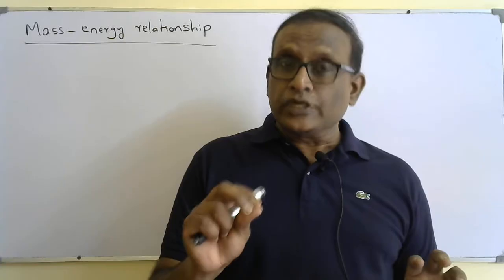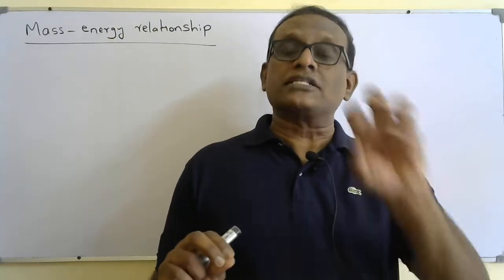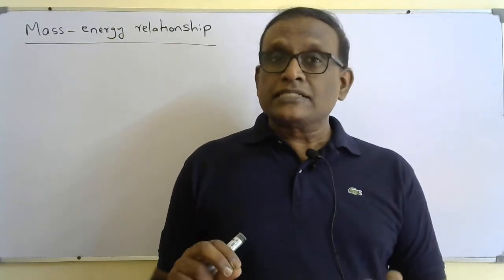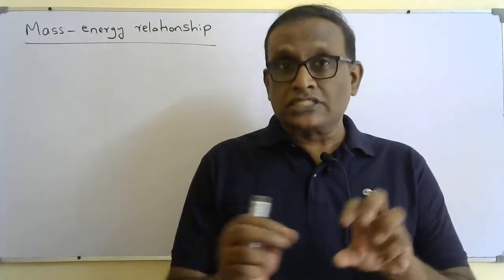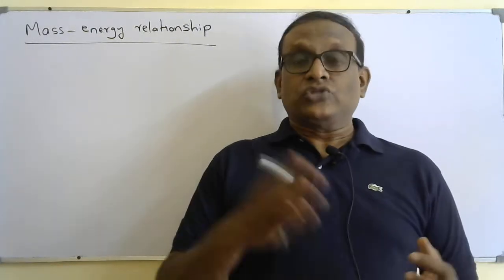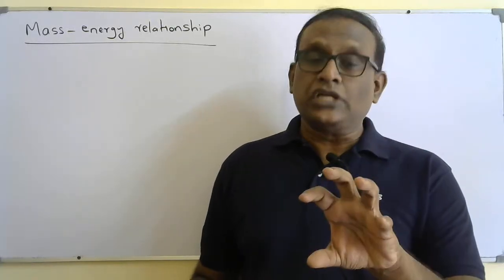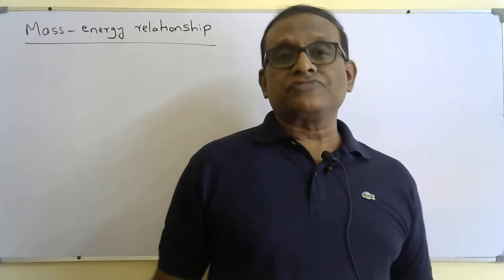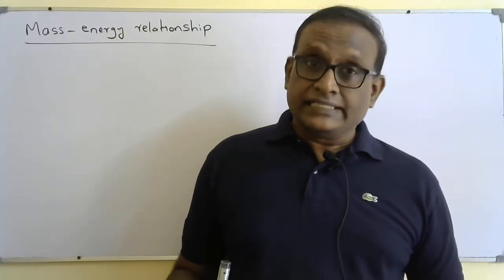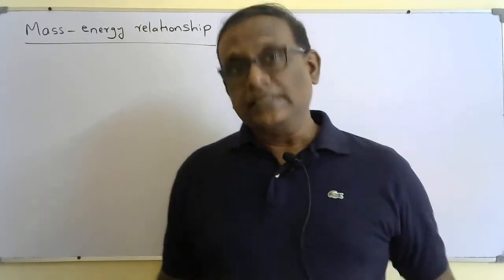The mass of the nucleus is smaller than the total mass of the nucleons. So a certain amount of the total mass of the nucleons is lost or converted to energy to bind the nucleons. That's called the binding energy of the nucleus. So these are good examples for mass has equivalent energy and energy has equivalent mass.